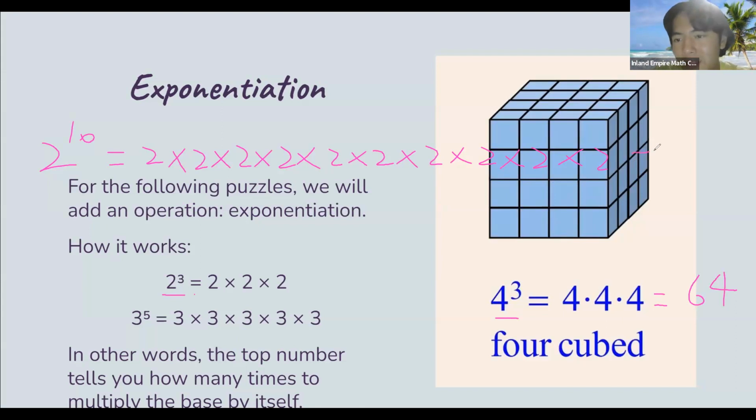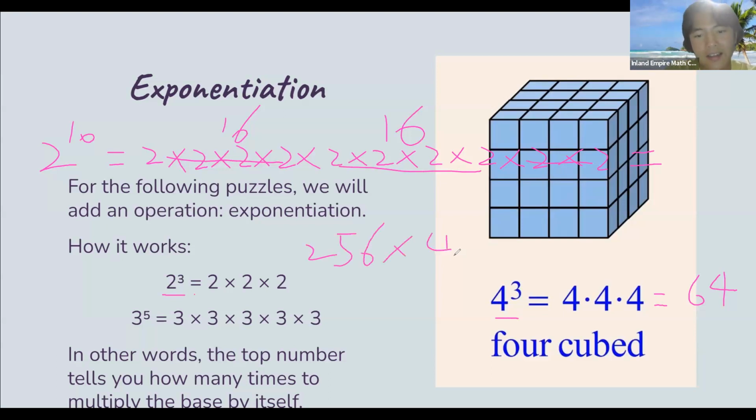Let me evaluate 2 to the 10. 2 to the 4 is 16. Then 16 times 4 is 64, and 64 times 4 is 256, times 4 again. So 2 to the 10 is 1024. It's actually a really big number, right?